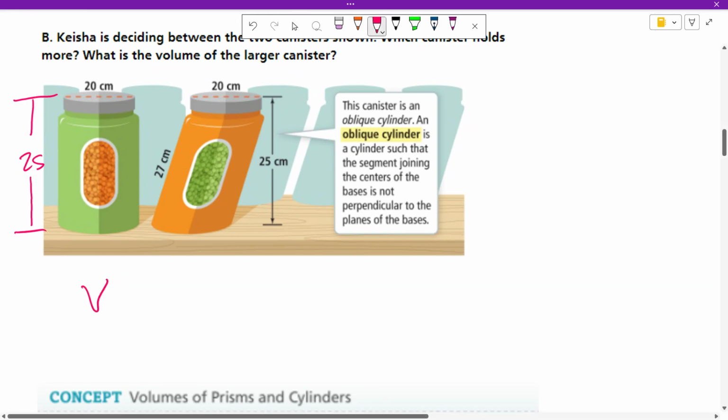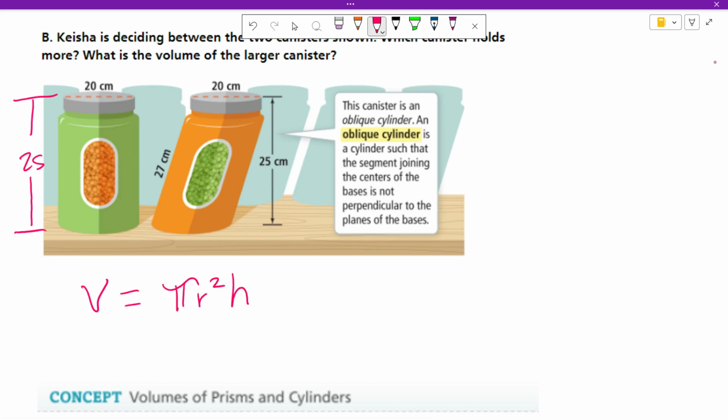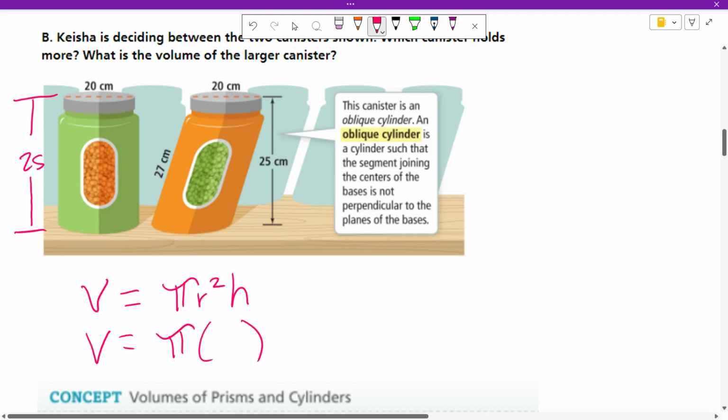What is their volume? The volume equals pi r squared h. So it's pi. What's my radius? Not 20. 20 is my diameter. What's my radius? 10 squared.